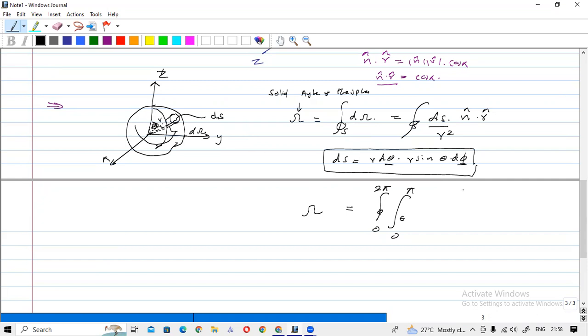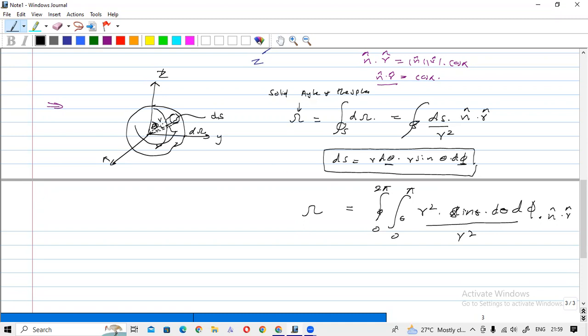Now you can apply this identity here: r square sine theta d theta d phi divided by r square, and n hat dot r hat is also there.